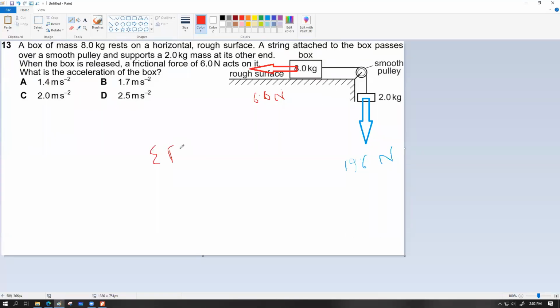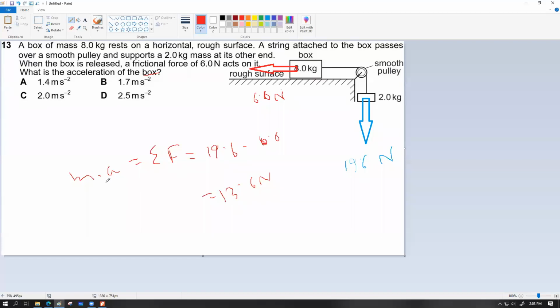The resultant force on this entire system of the 8 kg box and the 2 kg mass should be how much? That is supposed to be 19.6 minus 6.0. If you wonder why I am calculating the resultant force, there is a reason. This gives you 13.6 Newton. Resultant force is given by mass into acceleration. To calculate the acceleration of the box, I have to calculate the resultant force divided by mass.